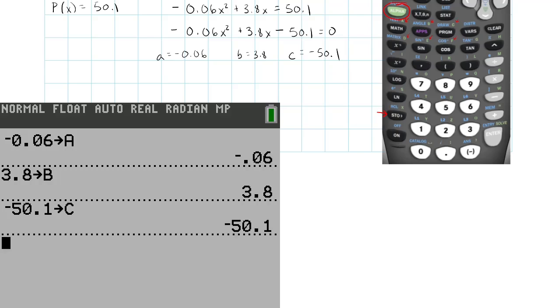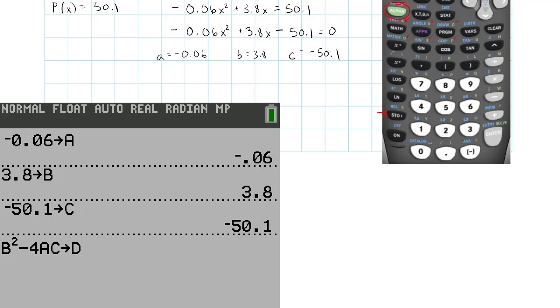The next thing I'm going to do is compute the discriminant. And I'm going to do that for two reasons. One, I want to have it stored on the calculator, so I don't need to type in b squared minus 4ac over and over again. Two, before I go any further, I want to make sure that I'm going to have real solutions. So I'm going to say alpha b squared minus 4 alpha a alpha c, and I'm going to store that to alpha d.